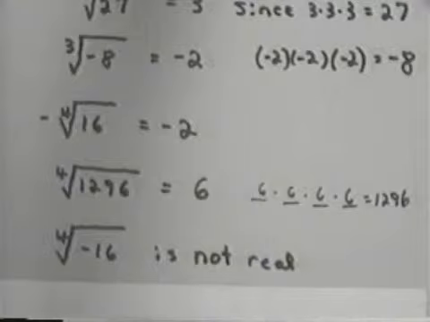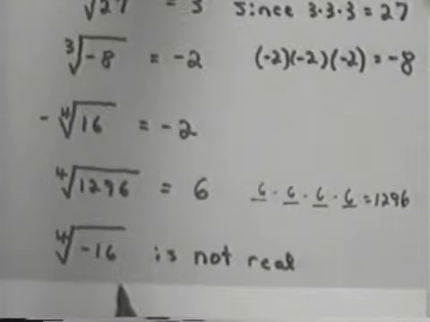What about the fourth root of -16? Well, this is not real. I would have to find something used as a factor 4 times to give me a -16. It can't be a positive number, because if I use a positive number as a factor 4 times, I'm going to get a positive answer.